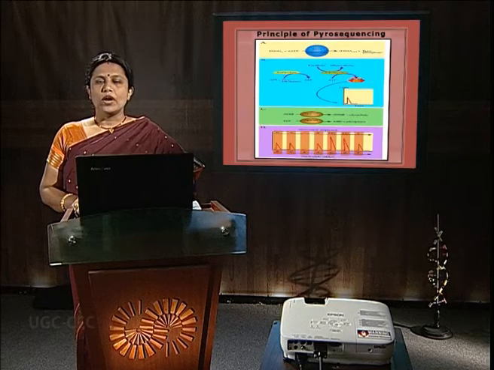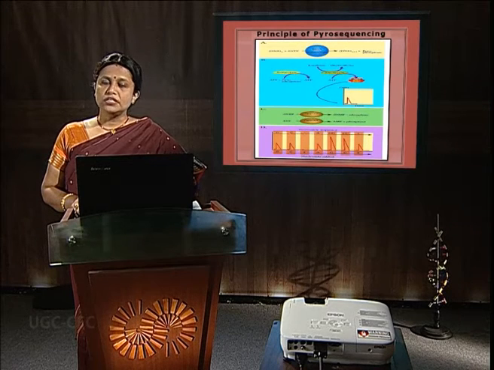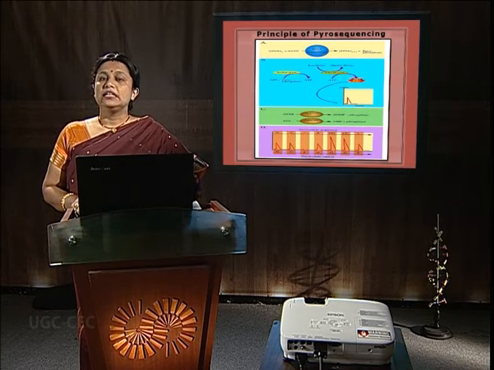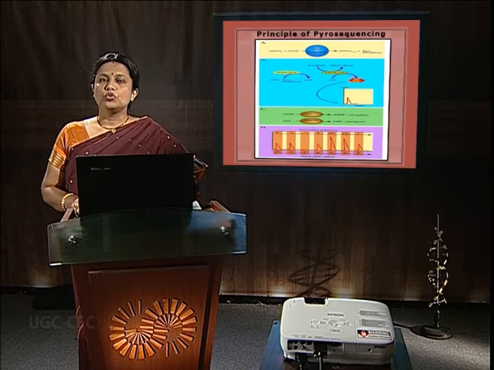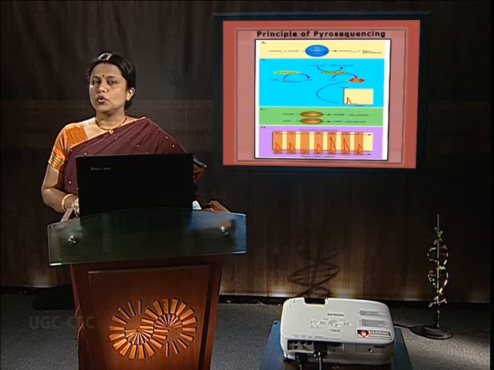So here in pyrosequencing, the DNA synthesis is carried on, and each and every nucleotide is added one after the other, and the recorder will read the emission of light corresponding to the addition of a particular nucleotide.